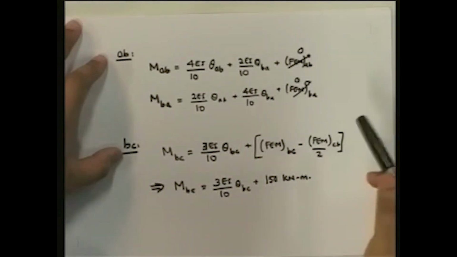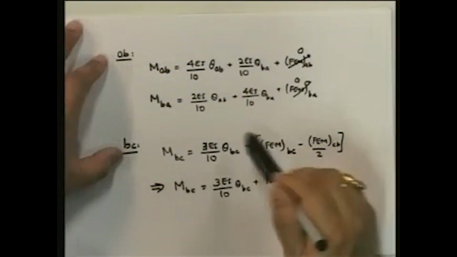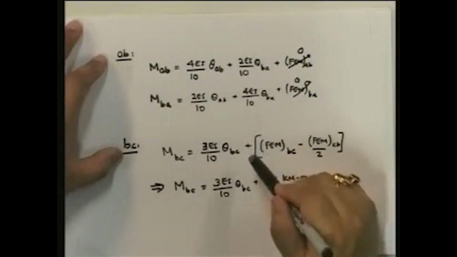MCB we know is equal to 0, and theta CB we don't need to know because we have condensed out theta CB. Remember that theta CB is not equal to 0. In the modified fixed hinge, theta CB is not equal to 0.